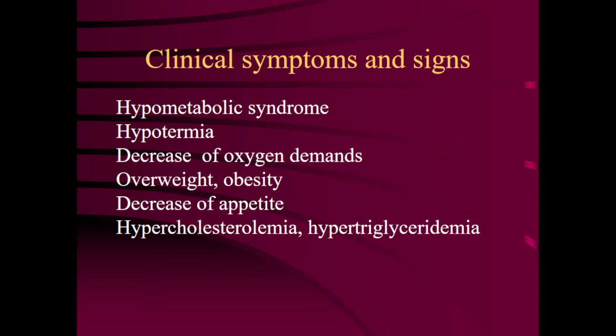The most typical clinical symptoms and signs are here on this slide: hypometabolic syndrome, hypothermia, decrease of oxygen demands, overweight, obesity, decrease of appetite, hypercholesterolemia, hypertriglyceridemia. And how to treat this patient?